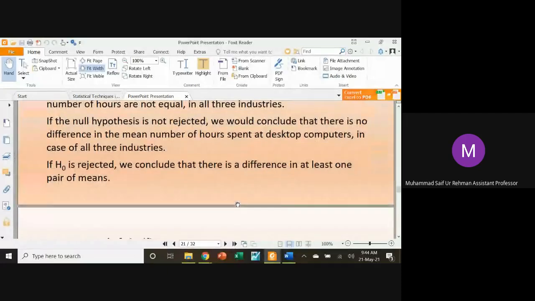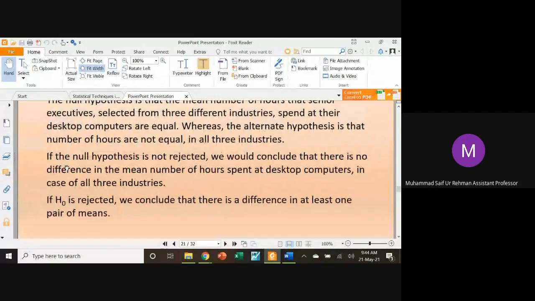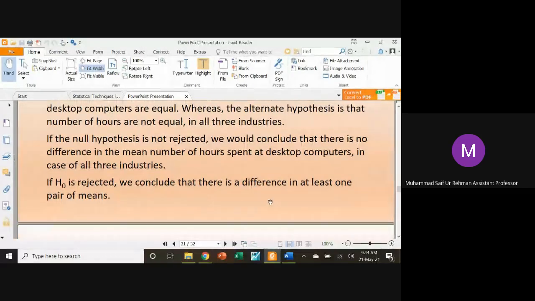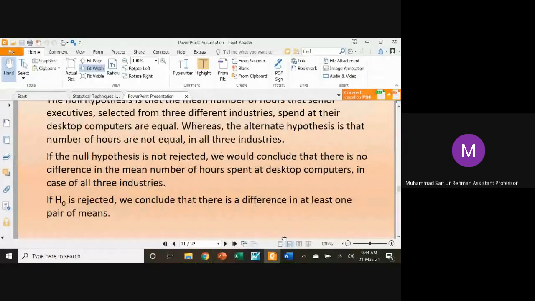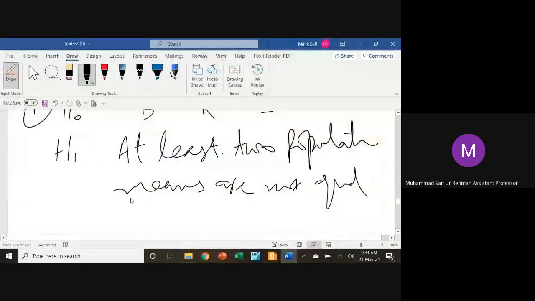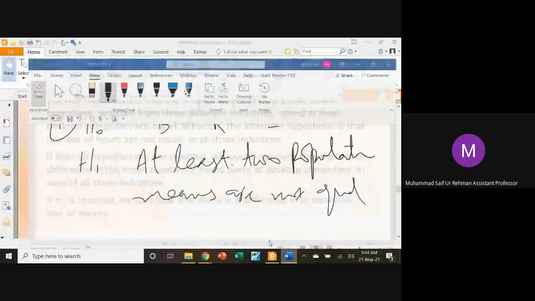So these are the three industries. Okay, if the null hypothesis is not rejected, we would conclude that there is no difference in the mean number of hours spent at desktop computers in case of all three industries. Okay. If H0 is rejected, we conclude that there is a difference in at least one pair of means. That is same what I have written over there, that at least two population means are not equal.